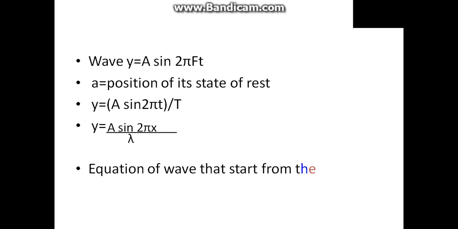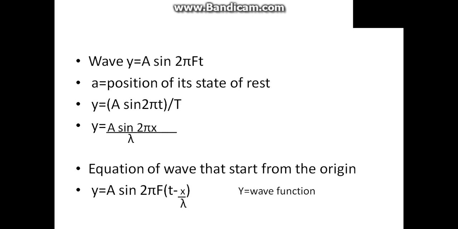Equation of a wave that starts from the origin: y equals a sine 2 pi f in bracket t minus x over lambda, where y is the wave function and a is the amplitude.